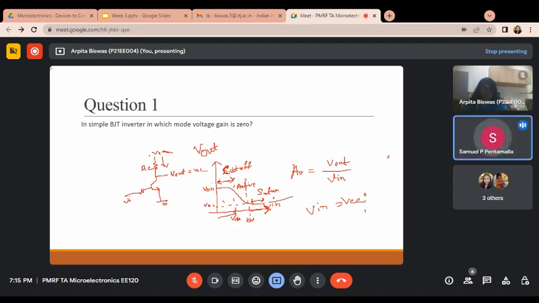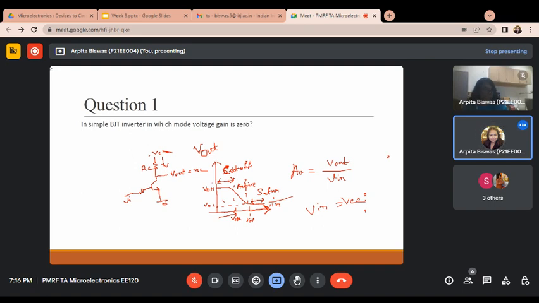IC is equal to VCC minus VCE by RC. But tell me, what about the V output here? V out is VCE sat. It means now the BJT is in saturation mode.